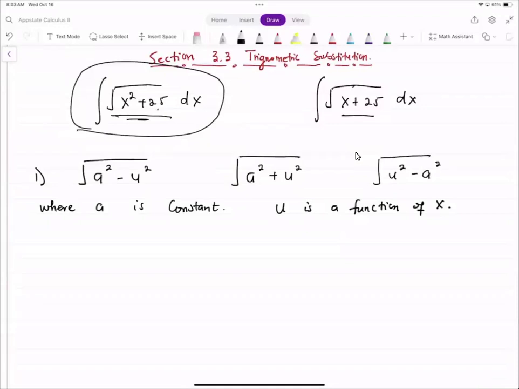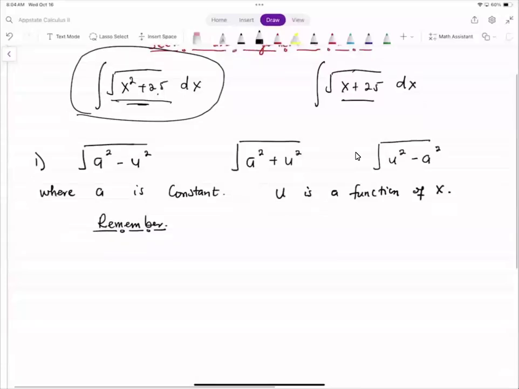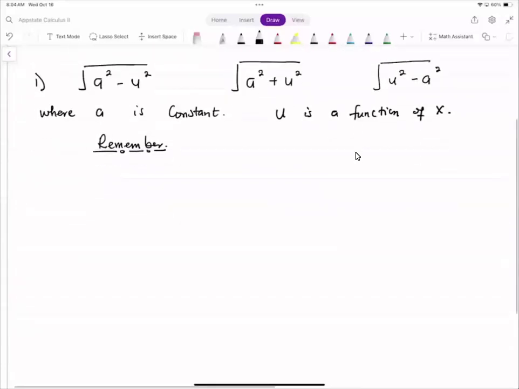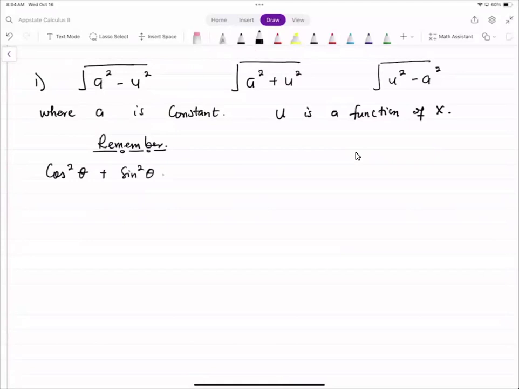And before that, let's try to remember some trig properties. We know that cosine squared of theta plus sine squared of theta equals 1.